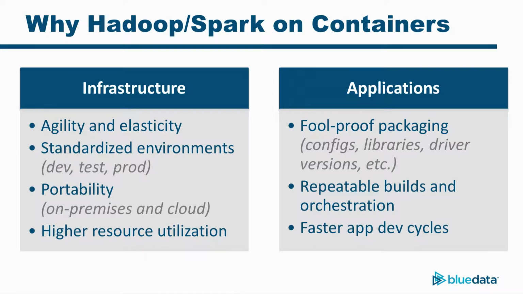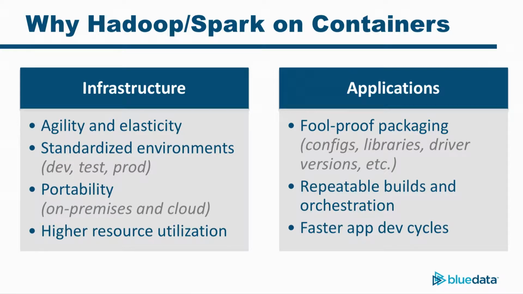And on the other side of the house, we're in the age of AI, ML, data scientists. Obviously there's a lot of libraries and applications that are being used. So containers offer a foolproof way of packaging all those configs, libraries, and I think there were some announcements today as well where Hortonworks now with 3.0 is supporting taking applications, putting them in a Docker image and running it in Yarn.